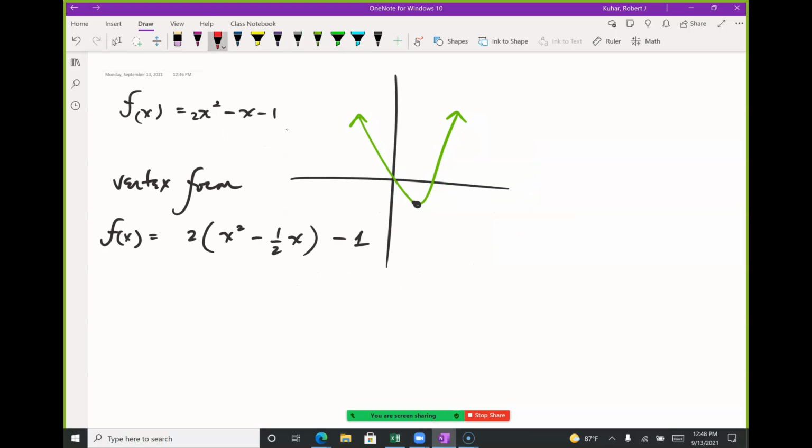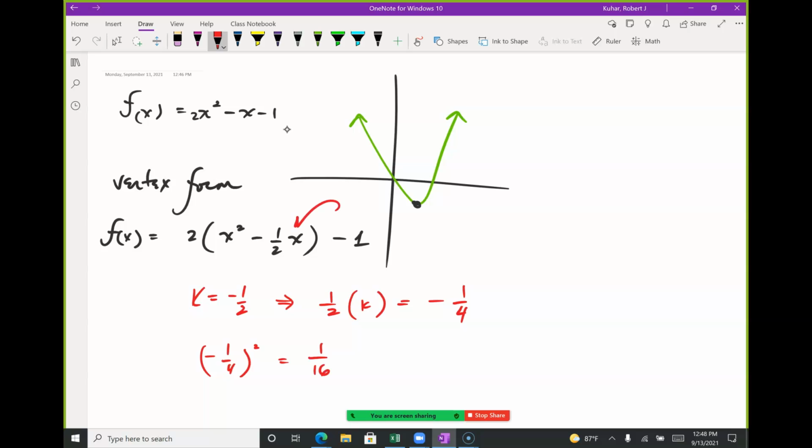So stop me when I start going too fast, okay? I'm now going to find my k term, which is negative 1/2, and get half of it. So half of k is negative 1/4. And I'm going to take that value and square it. So I get negative 1/4 squared is positive 1/16.